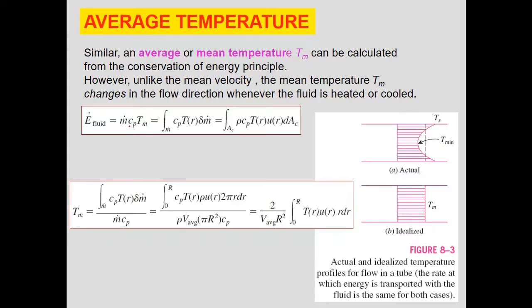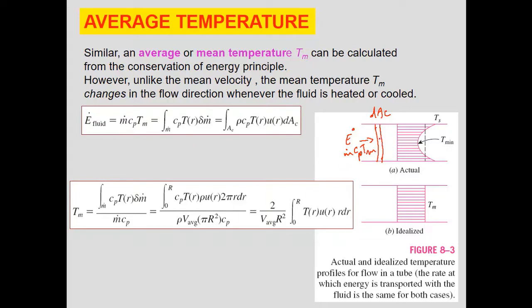We can write the energy to the system is m dot CP Tm, thermal energy to the control volume is m dot CP Tm. With the same procedure, imagine this is again the duct, the energy rate to the system is m dot CP Tm. Tm is the average temperature.